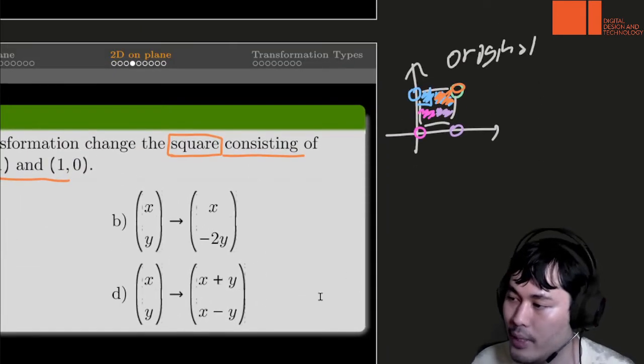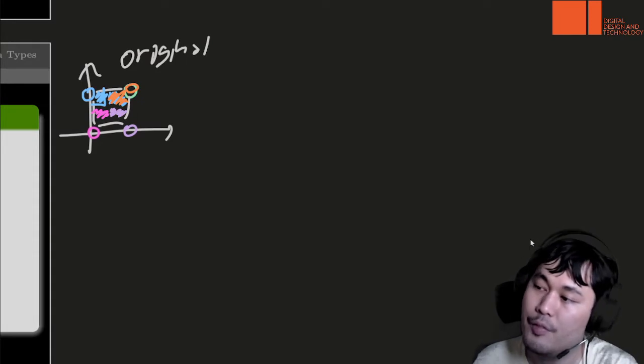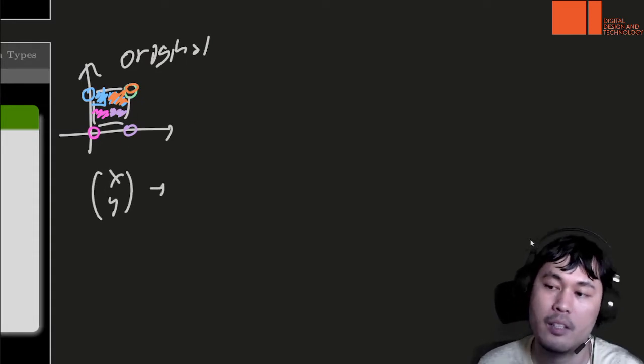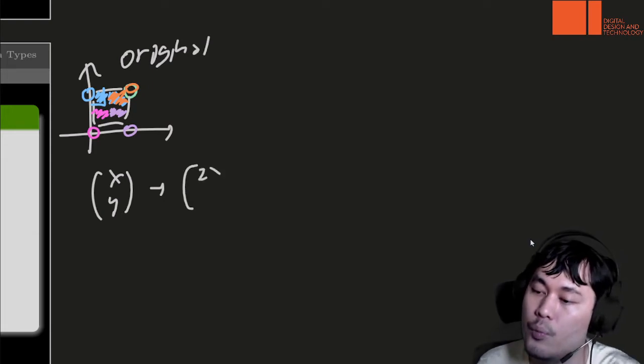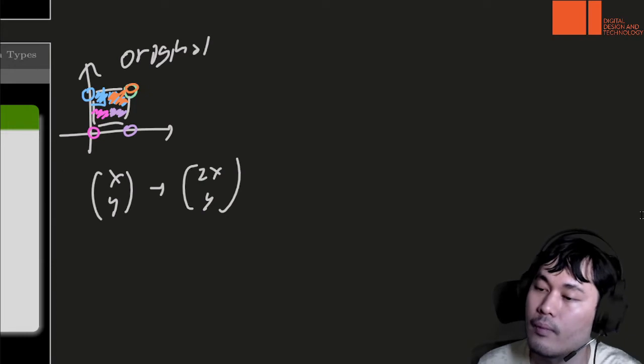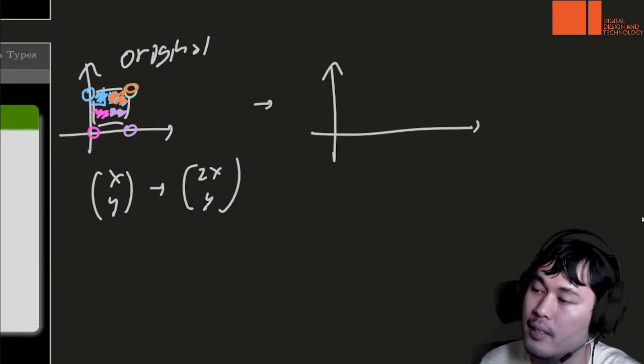Right, and let's take a look at the first one. The first one is trying to transform this point x, y. For any point on the plane x and y, we multiply x by 2 and keep the value of y. Let's take a look at each point separately.